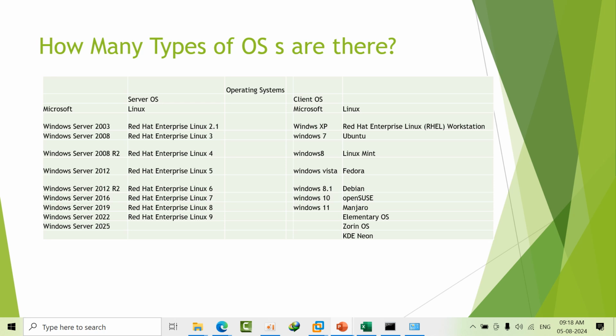Sir, if you install operating systems, say I have a 500 GB hard disk. In that, I have installed Windows Server 2012 in the C drive. On the same machine, in the D drive, I have installed a Linux server operating system.